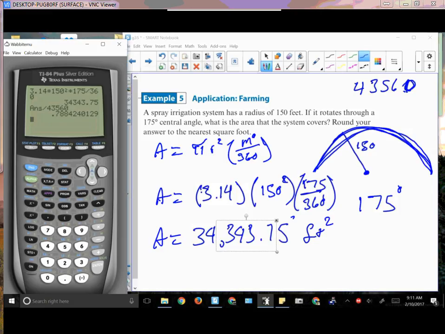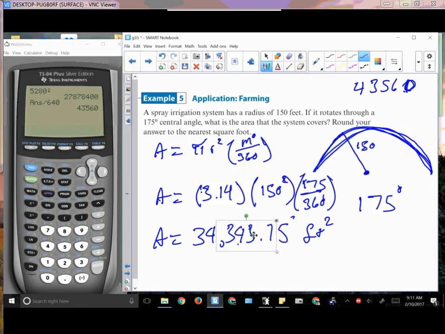I'm just wondering, my calculator keeps skipping on me. So 5280 squared, divide that by 640. So 1 acre. So I got that number right, 43,560, and I got 34 that. So that means that I'm probably at 150 feet. I am looking at 3/4 of an acre. That actually sounds a lot more reasonable. Okay.